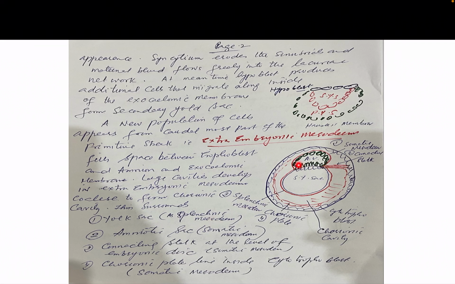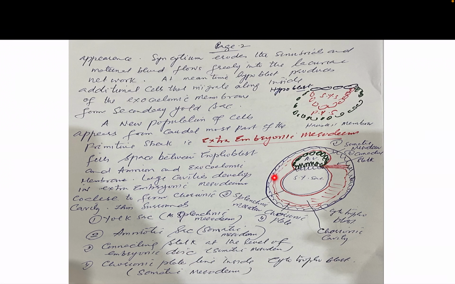Number 2 bounds the amniotic sac, as I told you, that is the somatic mesoderm. Third is the connecting stalk, and at the level of the embryonic disc, somatic mesoderm. The chorionic plate lines the inside of the cytotrophoblast layer, somatic mesoderm.